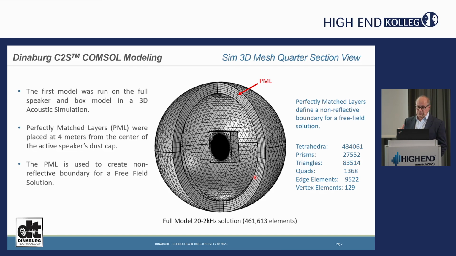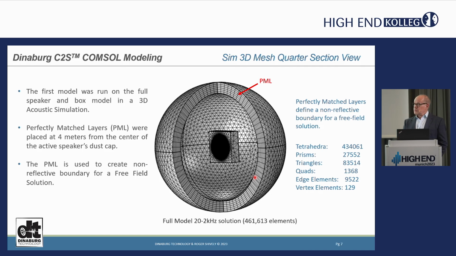If you are familiar with COMSOL, you have the ability to add in a perfectly matched layer. At that point, we are essentially making it a reflection-free boundary, so that you can essentially have a free field radiation. So there's no reflections.